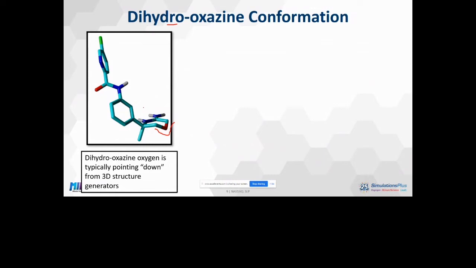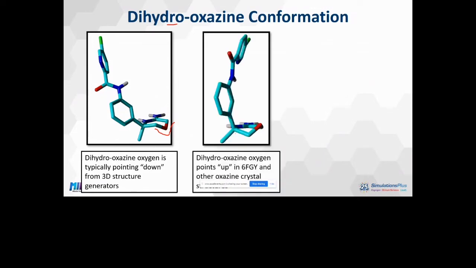I think OpenEye and Carina would generate that, as well as our program. But if you look at the 3D crystal structure of the 6FGY that contains the oxazine ring, the oxygen points up here.